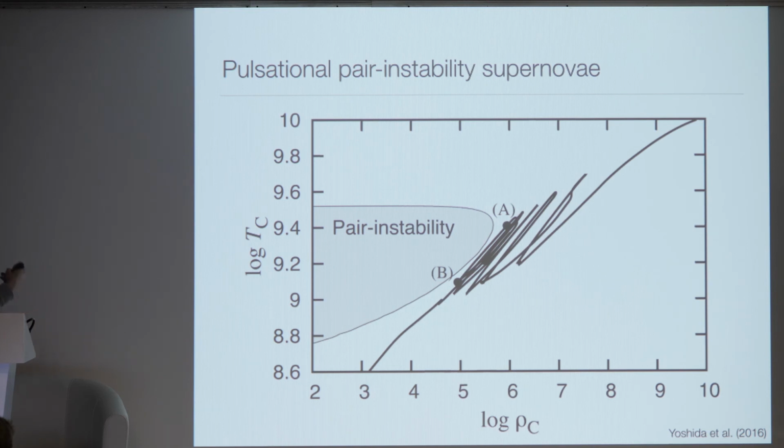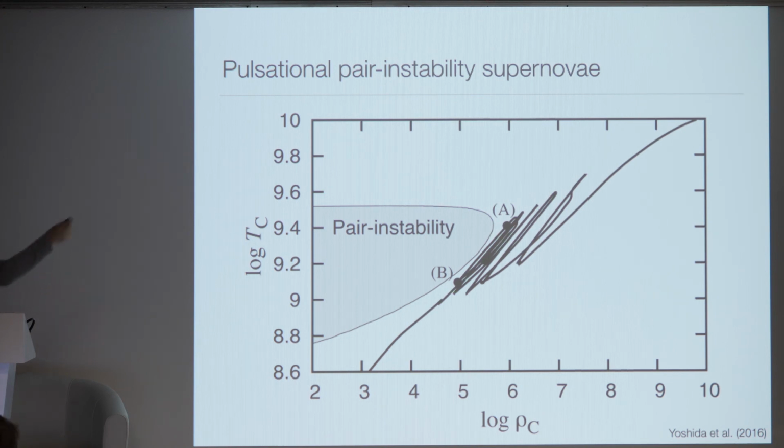Some part of these stars can be partly unbound. This kind of pulsational behavior is predicted to happen if these stars are not massive enough to enter this pair instability region, but only touch it.